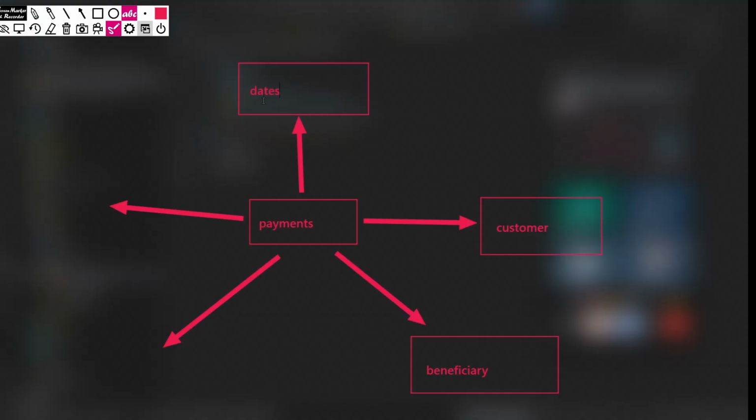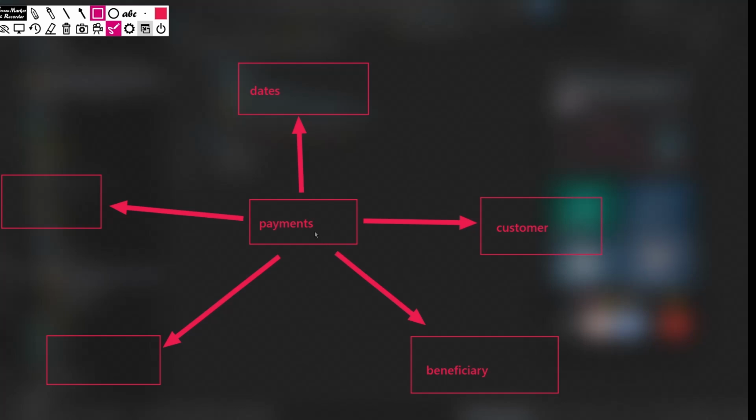What else could we have? Who has an idea of what else we could have attached to our payments? Or we could just continue with this. So let's say now we have customers, we have beneficiary, we have dates. They all tell information about this, which is why payments acts as a fact table, right? And then this acts as a dimension table.